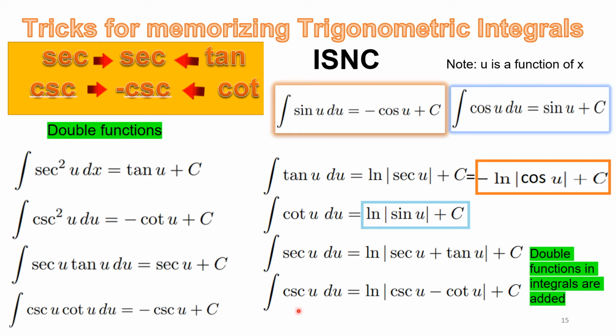And the integral of cosecant u du, because there's a negative there, is ln of the absolute value of cosecant minus cotangent, plus c.